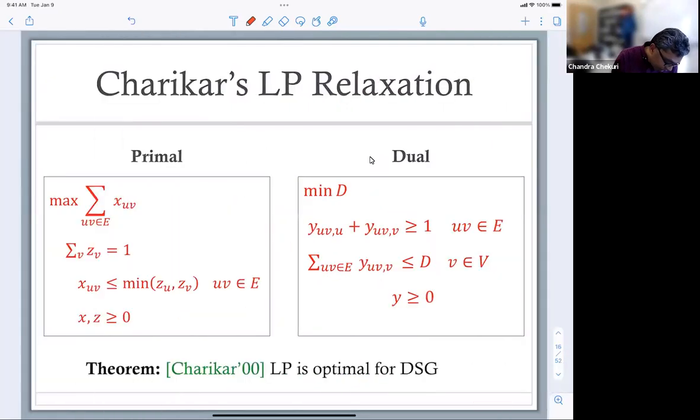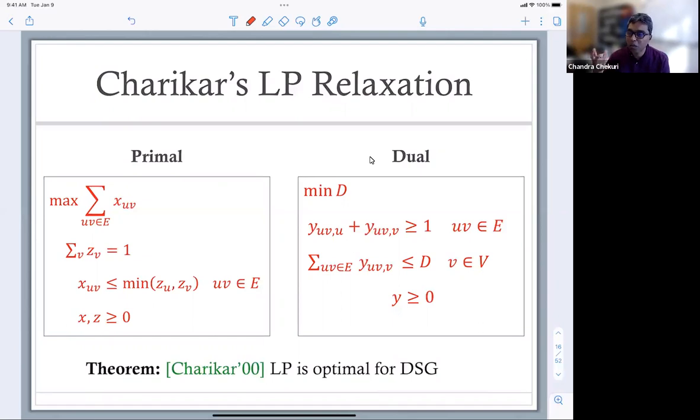Okay, but let's look at the dual. The dual turns out to be quite useful, and we'll see that. What is the dual, right? The dual has a nice interpretation and nice applications. Let's see what the dual is going to tell us. The dual is like some kind of an assignment problem, like a fractional matching problem, right?